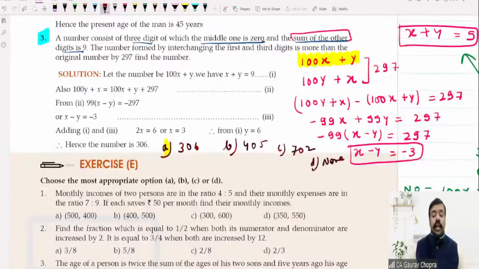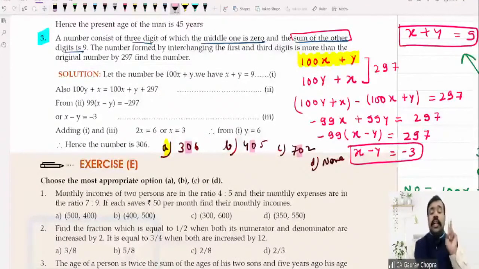How to verify from the options? First of all, we have to see the first condition. The first condition says the middle number is 0. So the middle is 0 in each and every option.